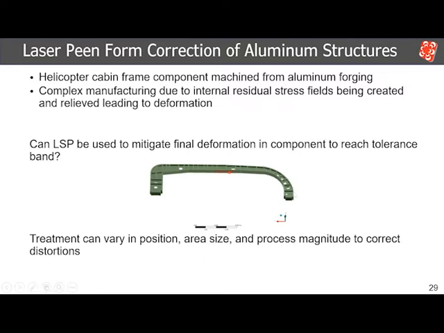As you're heat treating these, you're generating and releasing residual stresses. So it becomes a very complicated product to manufacture without having distortion inside of it. So one question is, if you can manufacture it, can laser peening be used to provide a final correction to the shape to bring it into its designated tolerance bands?